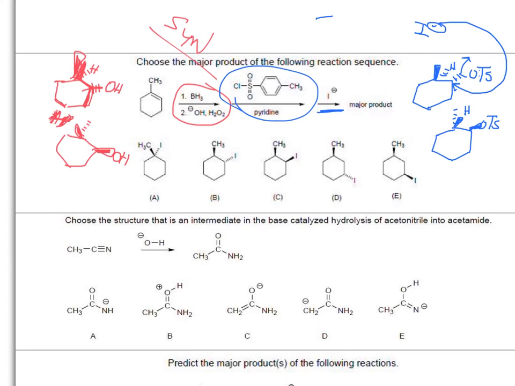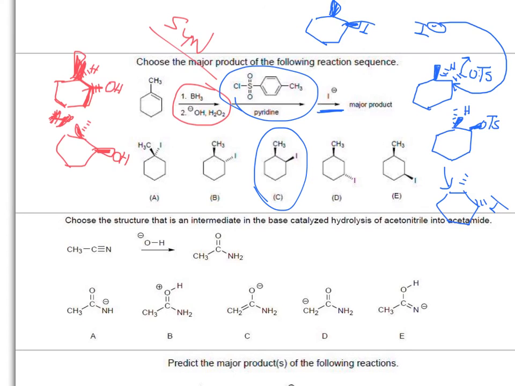So one product can be that your methyl is on the solid line, and so is your iodide. Another one would be that methyl is on the dotted line, and so is your iodide. And so C should be your appropriate choice, because the relative stereochemistry between the methyl and the I is going to be the same side.